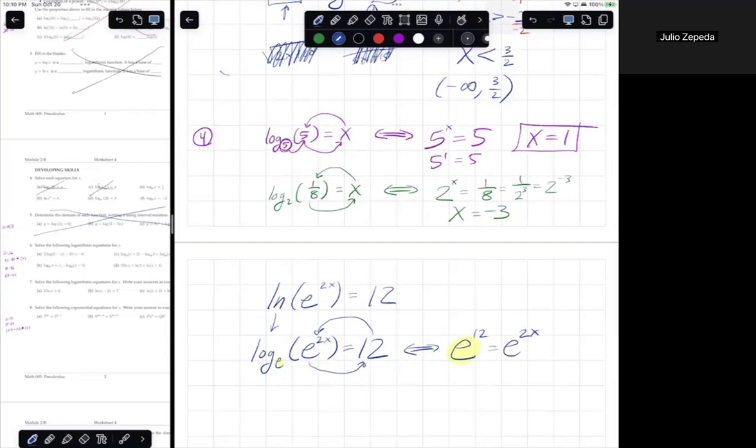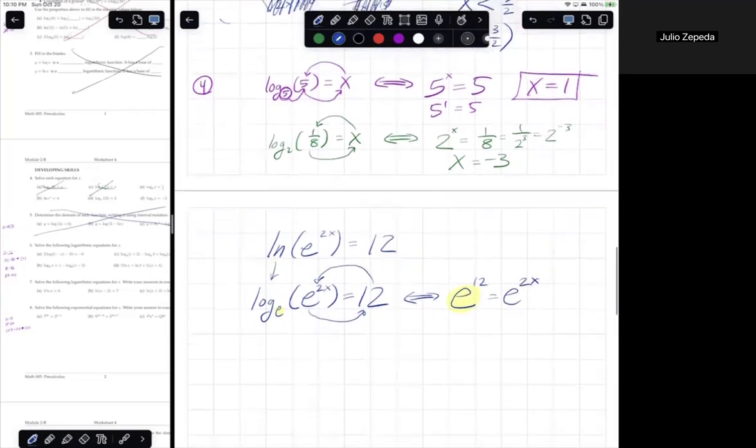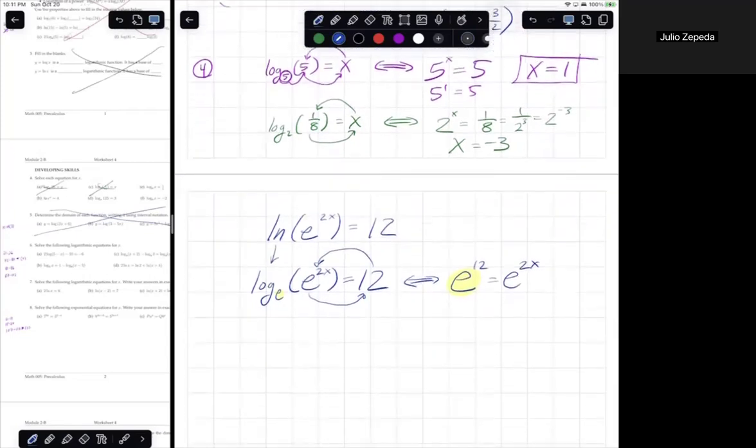There's a property of exponentials that says if we have the same base e on both sides, we can eliminate that base and set the exponents equal to each other. If you solve for x by dividing by 2, x is equal to 6. So the trick there is rewriting the natural log as log base e.